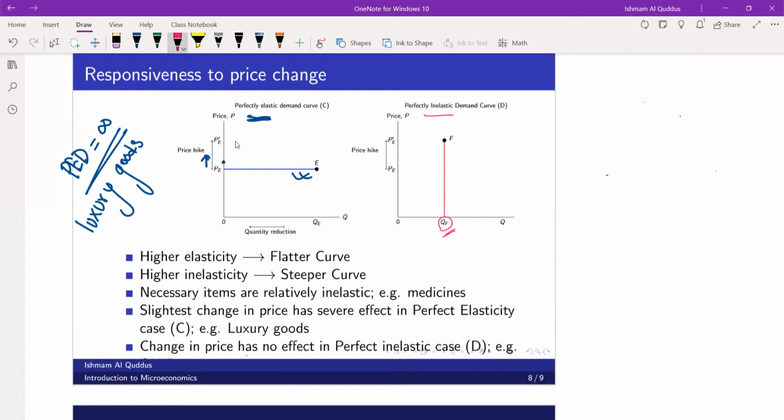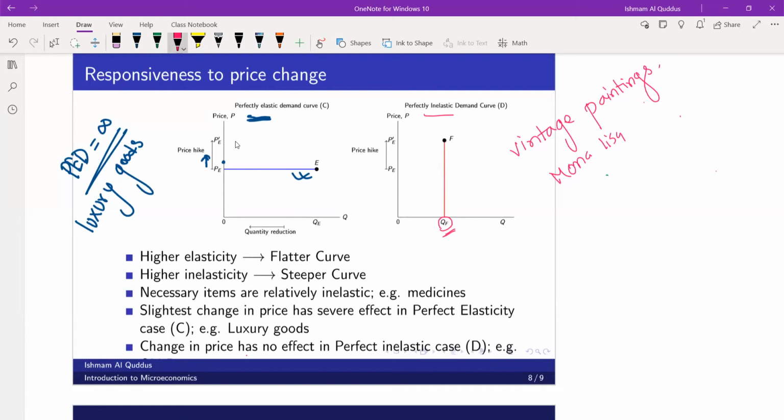A good example probably would be vintage paintings, like Mona Lisa's painting. It doesn't matter whether the price of that painting is high or low today, the quantity demanded would remain the same. So this is a perfectly inelastic demand curve.